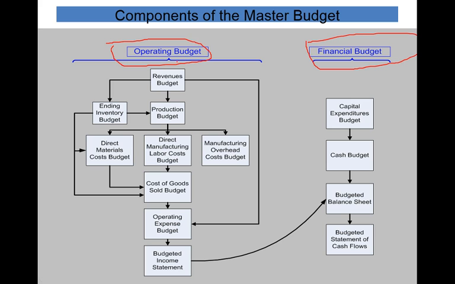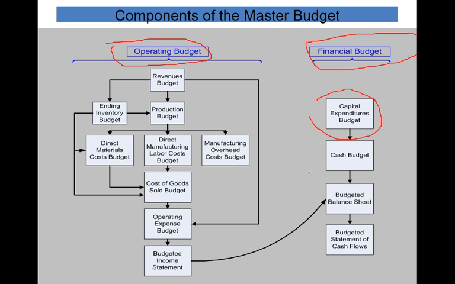Group number one, the operating budget, relates to budgets that are prepared for 1 year, short-term budgets. The financial budget consists of budgets that can be prepared for more than 1 year, like the capital expenditure budget.